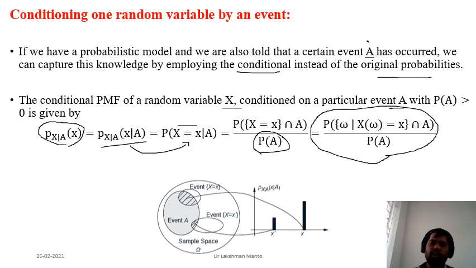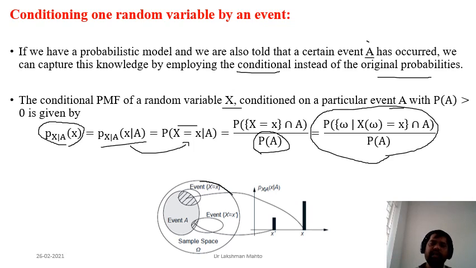If you look from the geometrical perspective at the definition of the conditional probability mass function, where the condition comes from an event A, we can observe it this way. Initially, if you don't have any information regarding the random experiment, this complete circle contains information of all possible events of the corresponding random experiment.